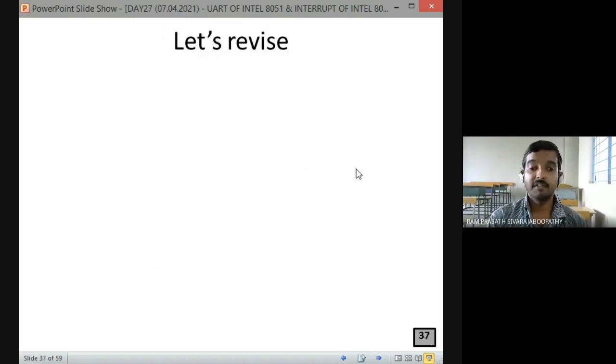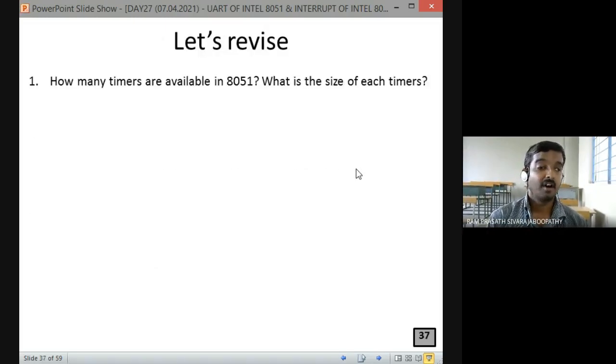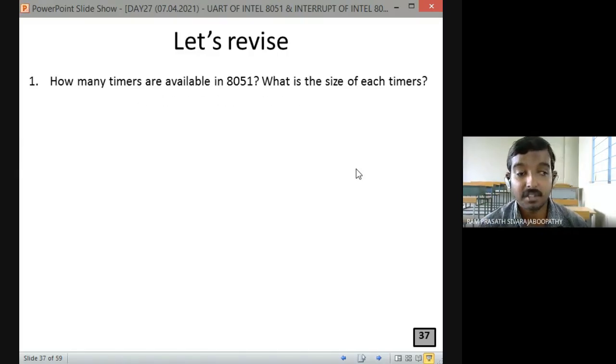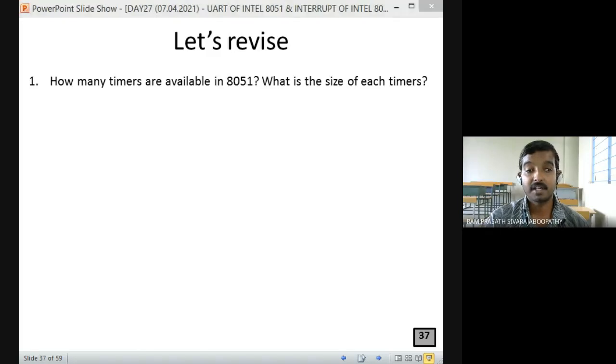Now we will have some questions. How many timers are available in 8051? What is the name of each timer? Kindly type it in the chat.